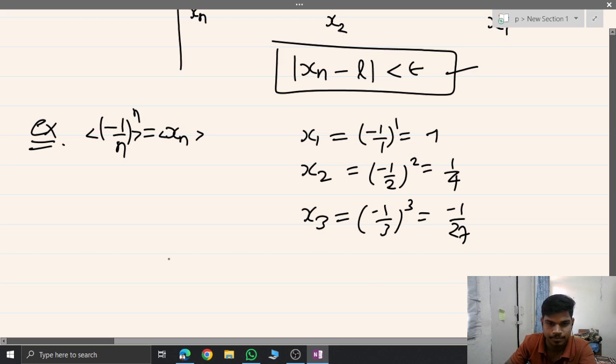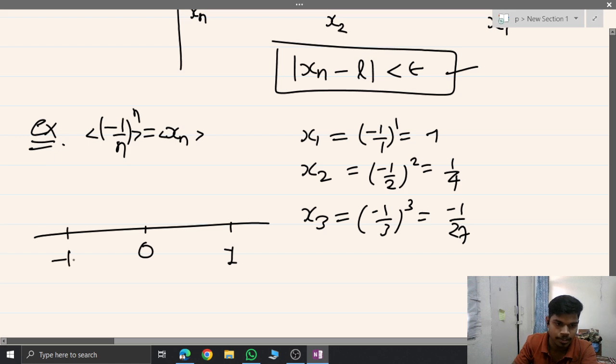Now what is happening? Let's see the graph. So this is my 0, this is my 1, this is my minus 1. These are the terms. So the first term is x1, the second term is 1 by 4, so it should be like here. This is x2. I think this is x3.